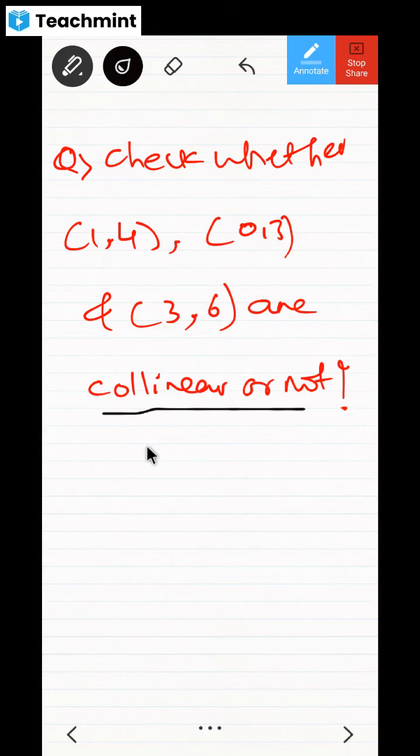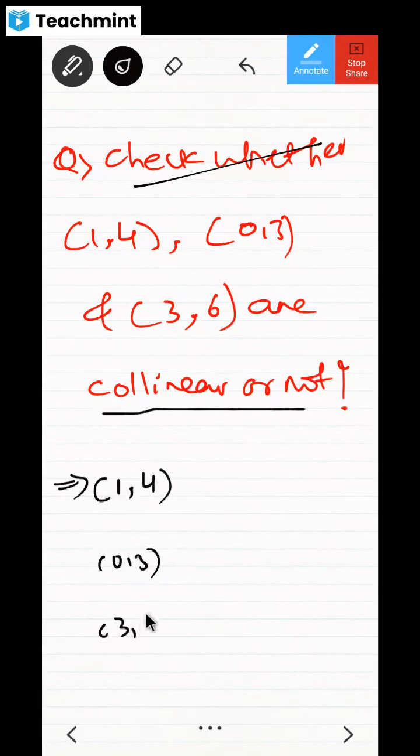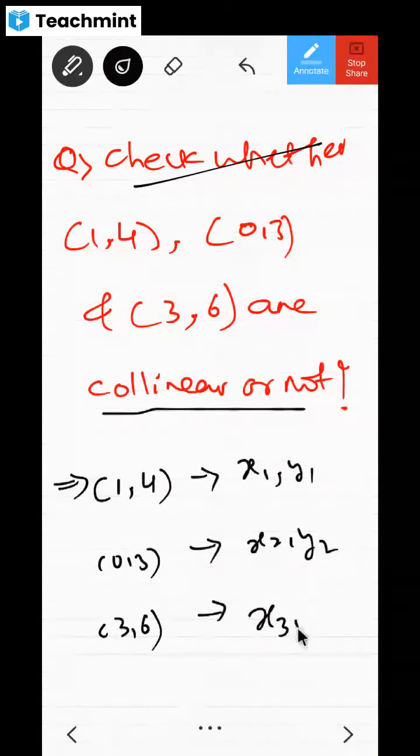Did you understand whatever I have told? So what is the question? Check whether the given points (1, 4), (0, 3) and (3, 6) are collinear or not. You have to consider them as x1, y1, x2, y2 and x3, y3, and then find the area.